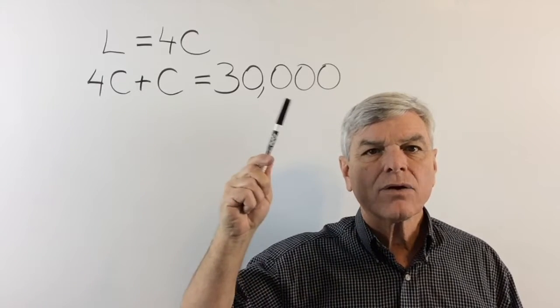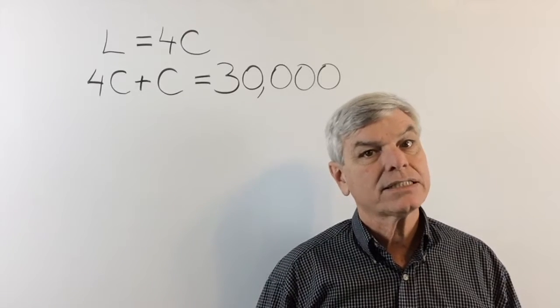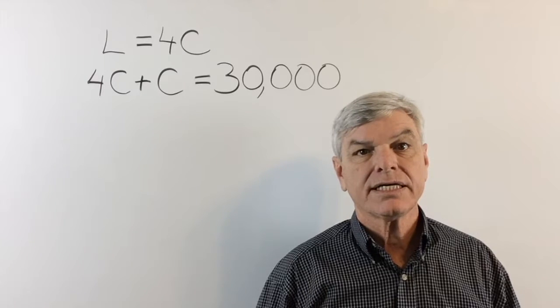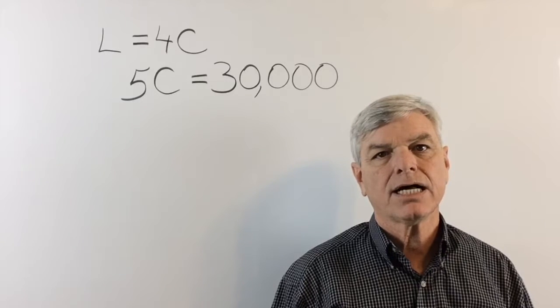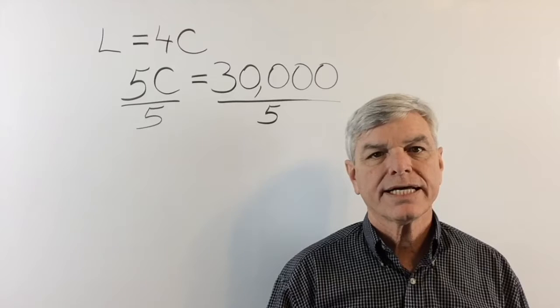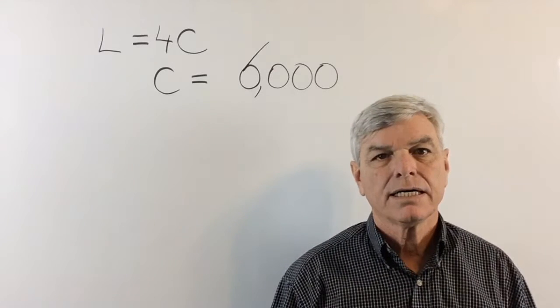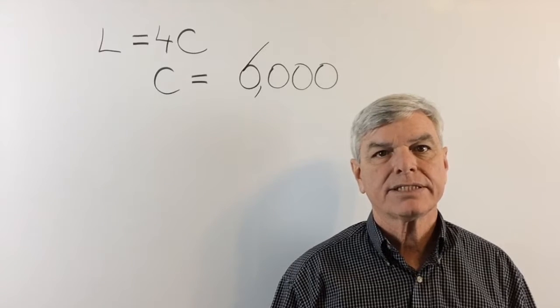And in our second equation now, we're down to one variable. That's good. And let's add like terms. 4C plus C is 5C. 5C equals $30,000. Let's divide both sides by 5, and that will isolate our C. And 30,000 divided by 5 is $6,000. And that's how much the cabin costs.